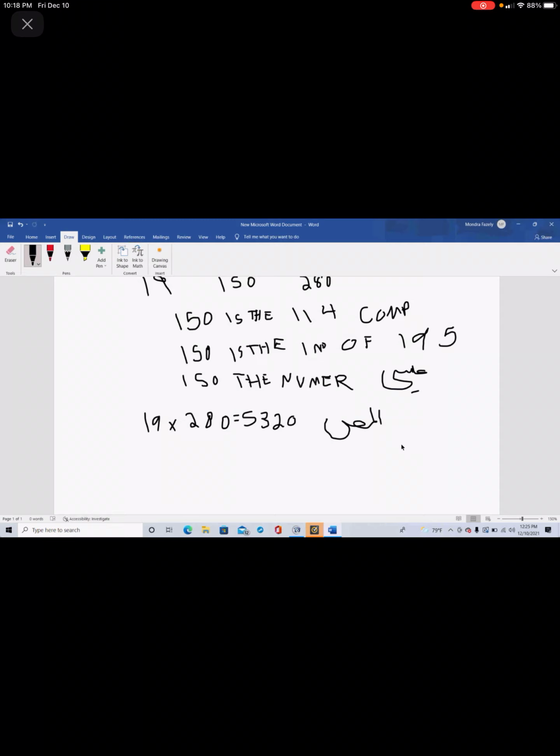Okay. This is our count. This is what God has bestowed, this huge blessing upon us. Okay? 5320 is the correct number of Alif Lam Mim Sad in chapter 7 in the Quran.